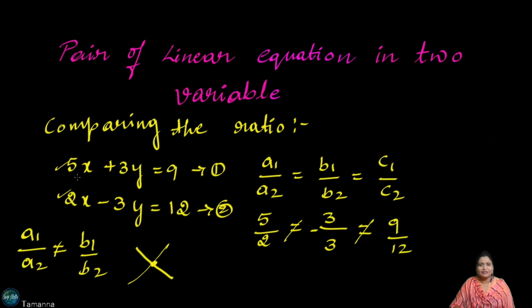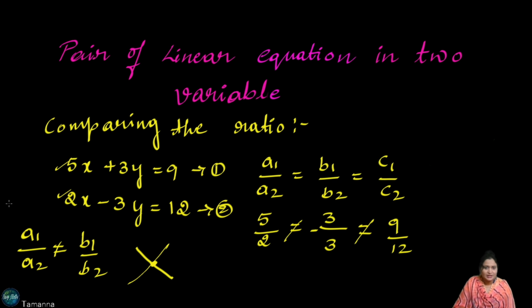You know that if it is an intersecting line, how many solutions occur? Yes, only one solution, the unique solution. So I will write the properties here. An intersecting line is nothing but the ratio A1 by A2 is not equal to B1 by B2.